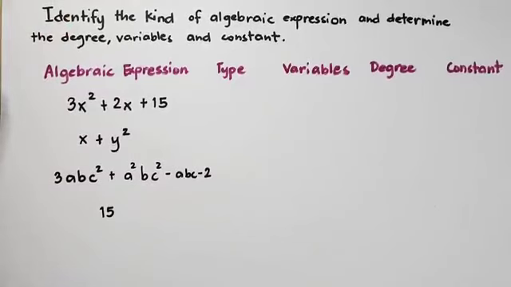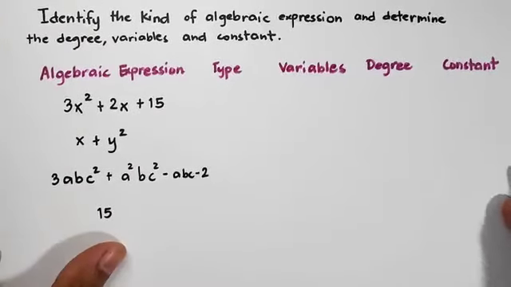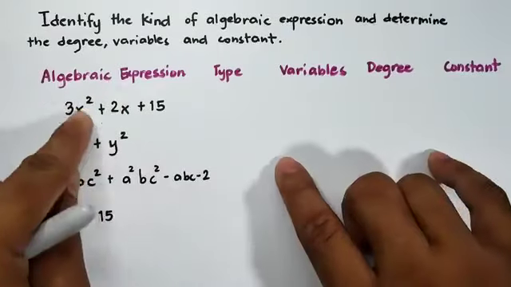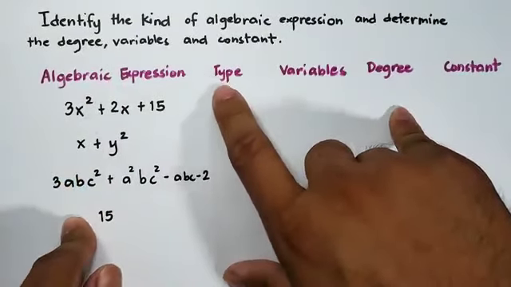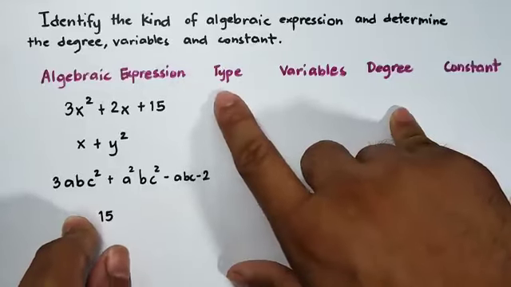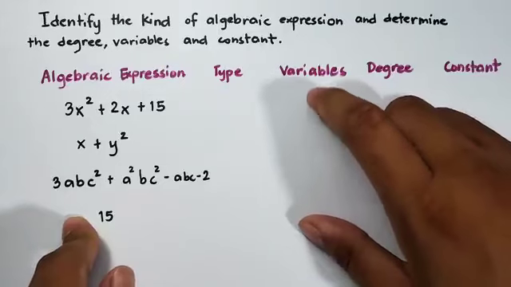By the way guys, define lang natin briefly yung mga terms na ginamit natin. Okay? So meron tayo dito, you're asked to find the type. Ito yung given algebraic expressions natin. We will determine if it is monomial, binomial, trinomial, or polynomial. For the variables naman, these are the letters, okay?